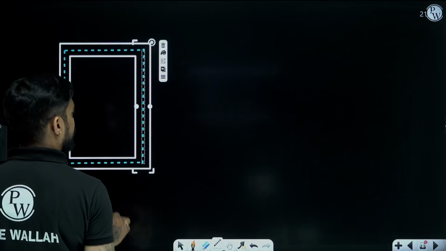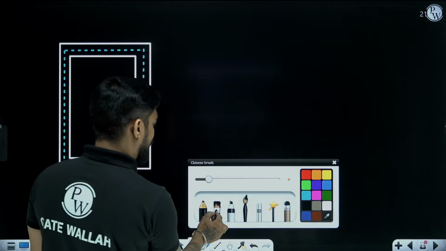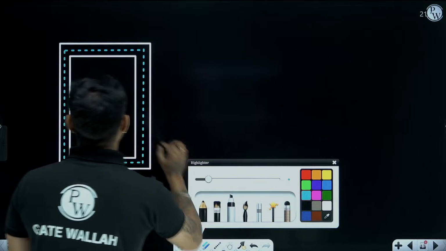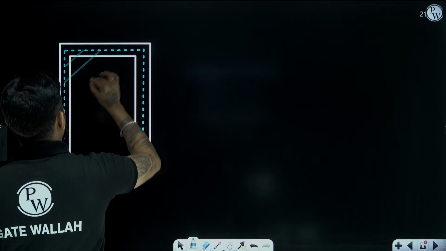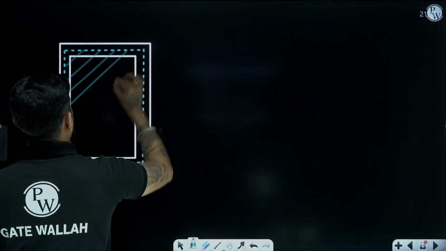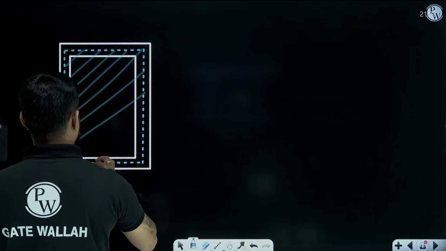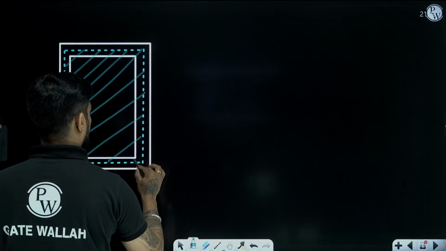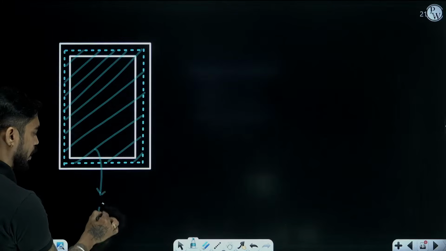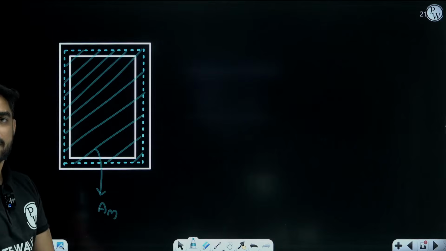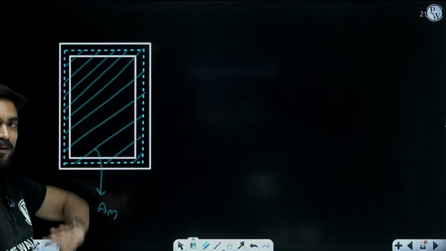This is the middle line. Then we will calculate the area enclosed by this central line. Let's say this area is Am. So you can calculate this area Am.